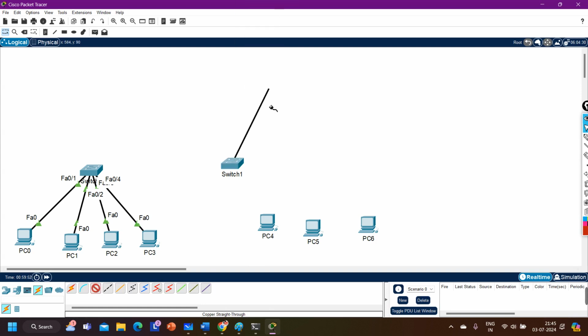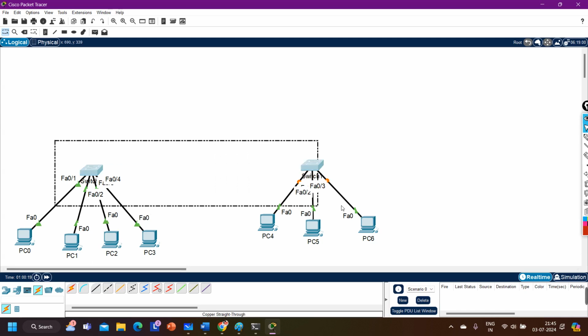Straight through, straight through. To connect these two switches together, which type of cable is required? First of all, tell me the cable. Crossover or straight through? To connect these two switches together.